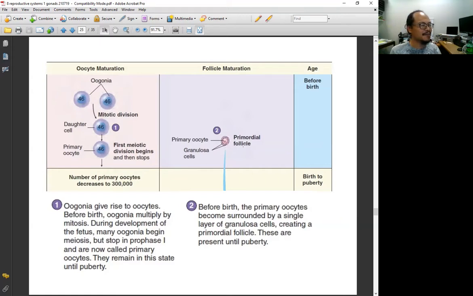This follicle cell is also called granulosa cell. We mentioned that. So before birth, this will be the state, and it will be arrested with no other development from birth until puberty. So it's like 10-something years that we have a lot of primordial follicles containing the primary oocytes sitting inside these ovaries.